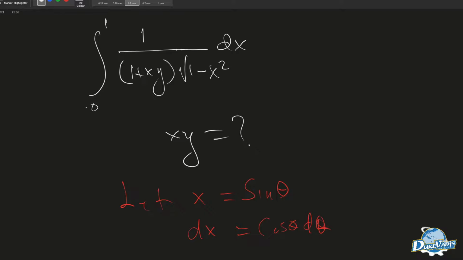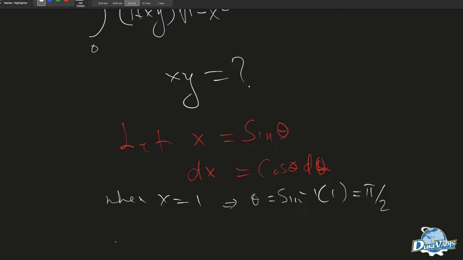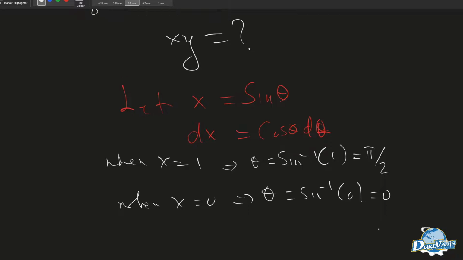So if 1 to 0 is the limit, then when x is 1, theta will be sine inverse of 1, and that will give us pi on 2. Also, when x is 0, our theta will be sine inverse of 0, and that will be 0. So the limit changes.